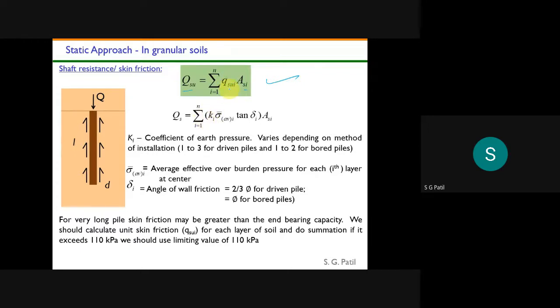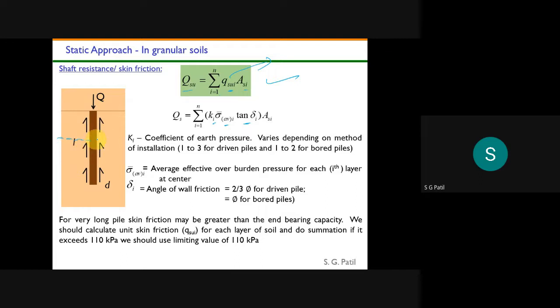So this qSUi, how can you calculate it? See, qSUi is a function of your vertical load or overburden pressure. That's why you see K times sigma AVi into tan delta. What is sigma AVi? Sigma AVi is nothing but your overburden pressure. Suppose here I have different soil layers.